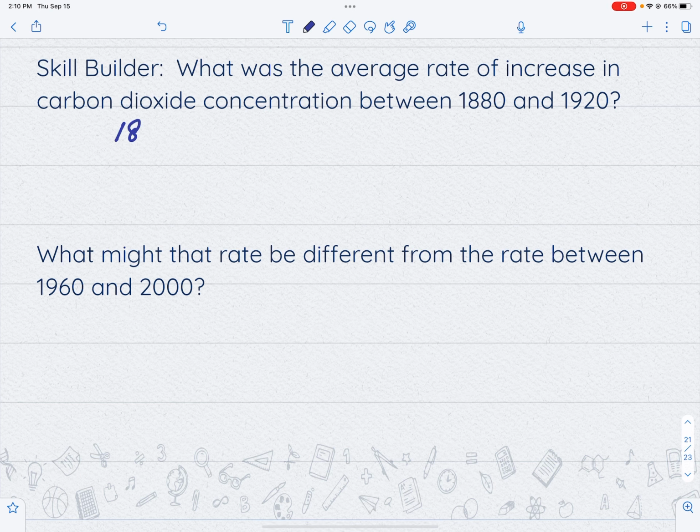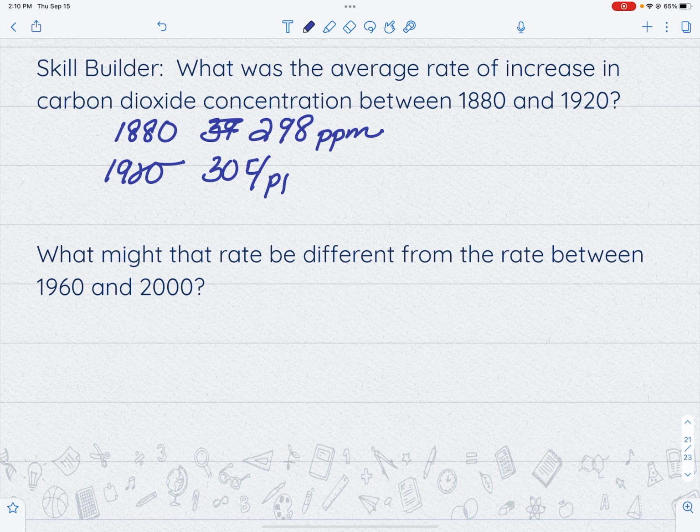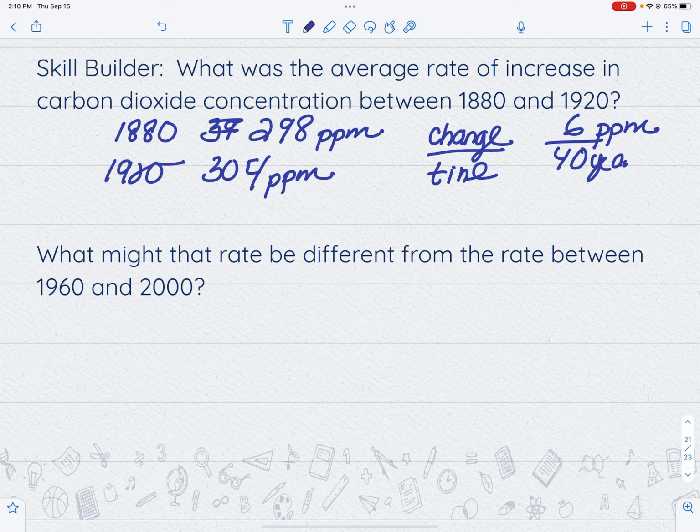I looked on the graph, and it seemed like in 1880, the carbon dioxide concentration was 298 ppm, and in 1920, it had only gone up to 304 ppm, which means the rate of increase, the change over time, was 6 ppm over those 40 years, or just 0.15 ppm per year.